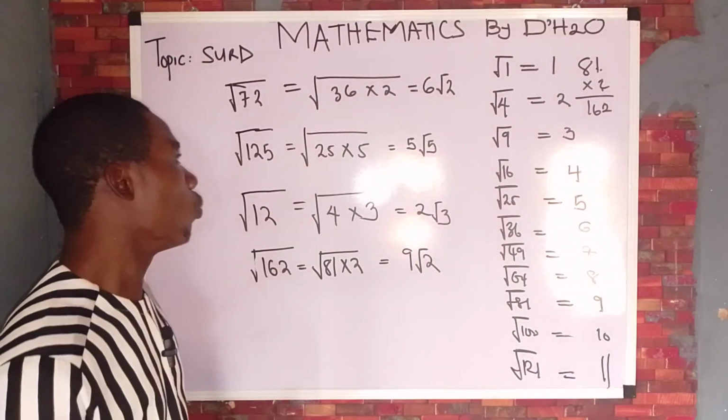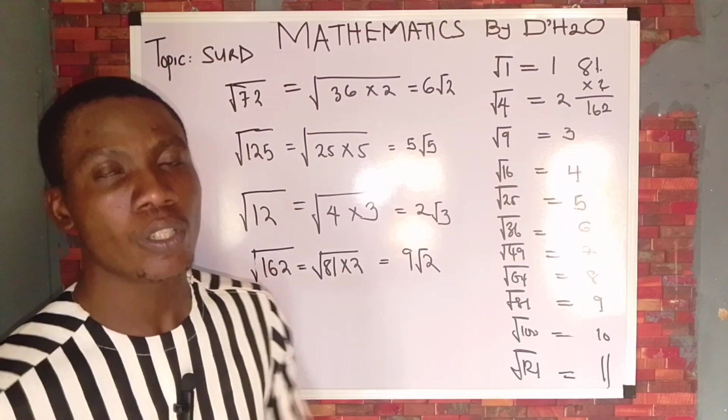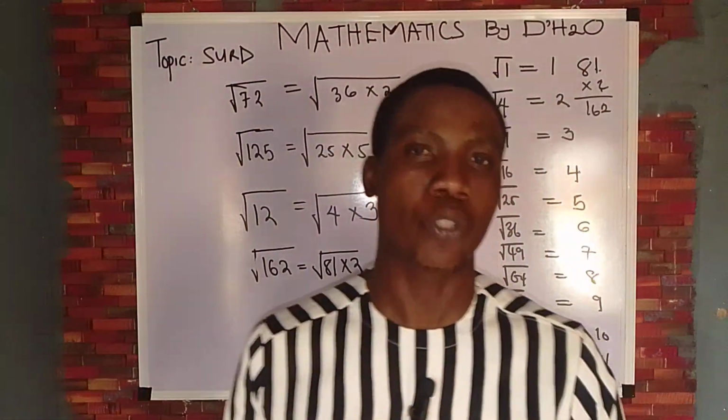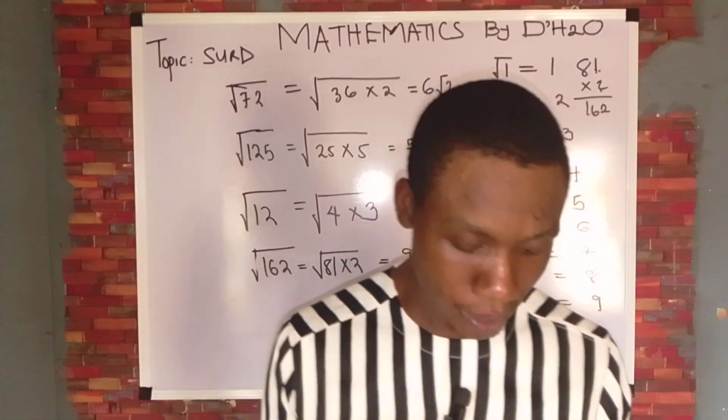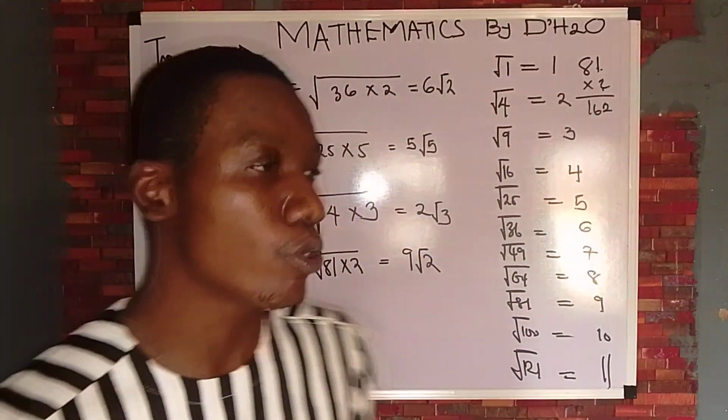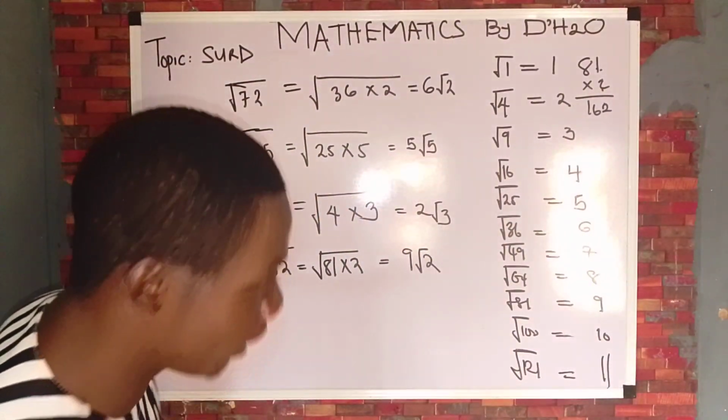Now we are going to go over to what we call addition, subtraction, and simplification of surds. So we are going to take an example on that.